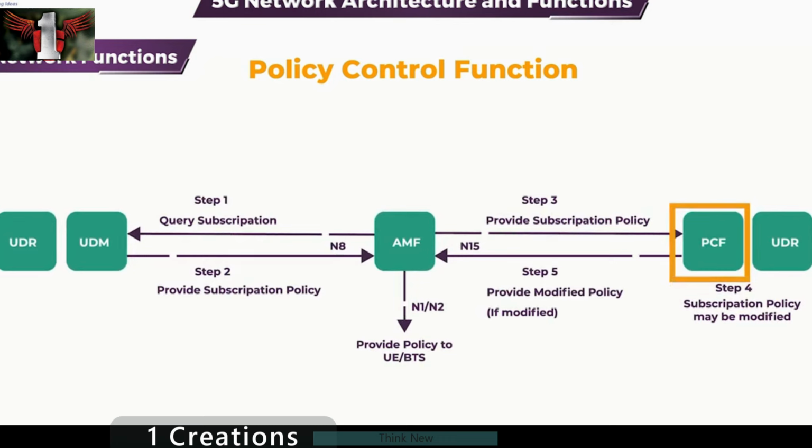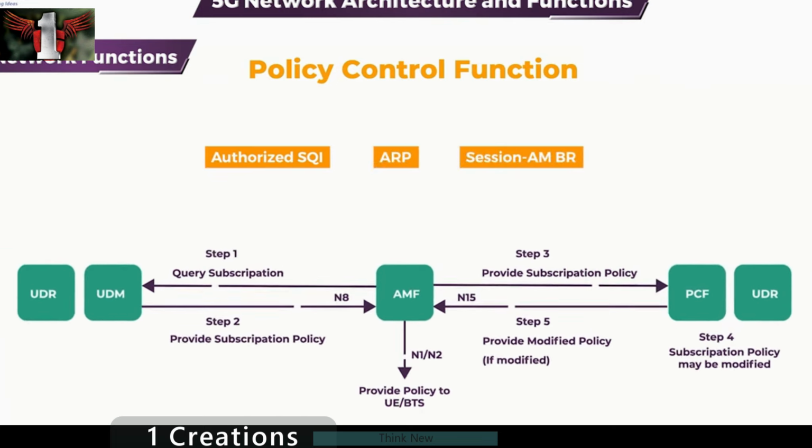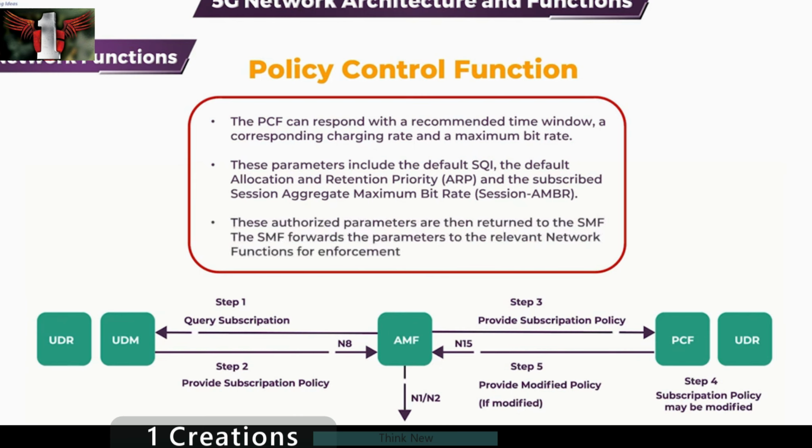The PCF applies its policy-making decisions to generate the authorized 5QI, ARP, and session AMBR. These authorized parameters are then returned to the SMF. The SMF forwards the parameters to the relevant network functions for enforcement, for example, they are forwarded to the user plane function, UPF.